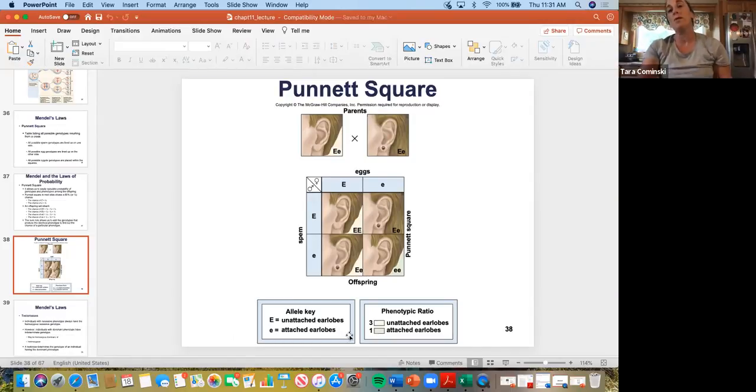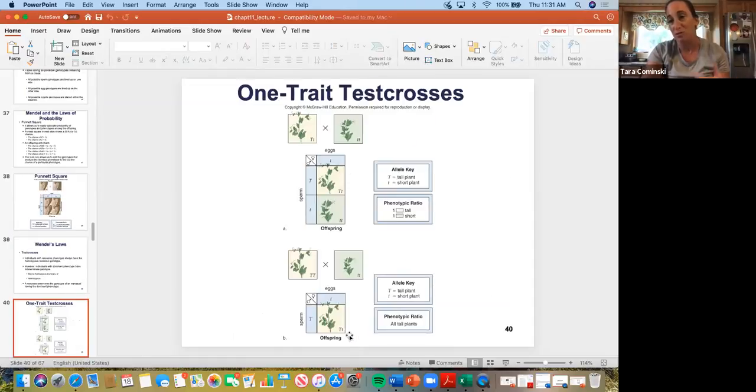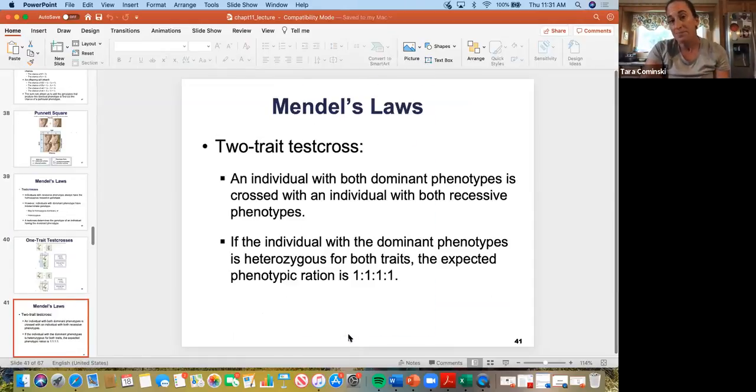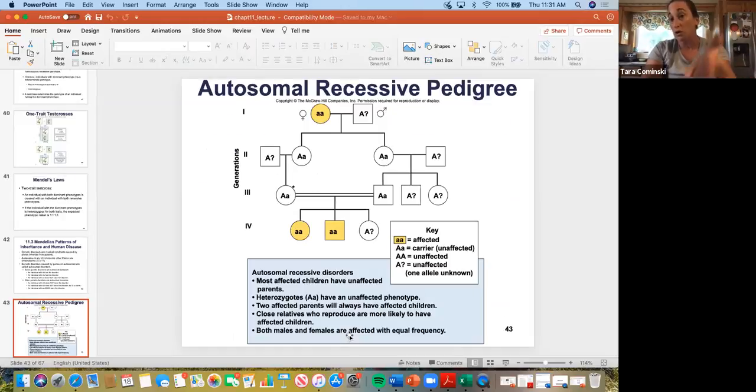Now, remember that maybe it's uninteresting to think about Mendel's pea plants, or even unattached or attached earlobes, but hopefully you find it interesting to think about genetic disorders, in terms of autosomal recessive disorders and autosomal dominant disorders. Remember, autosome just means any chromosome other than the sex chromosomes.